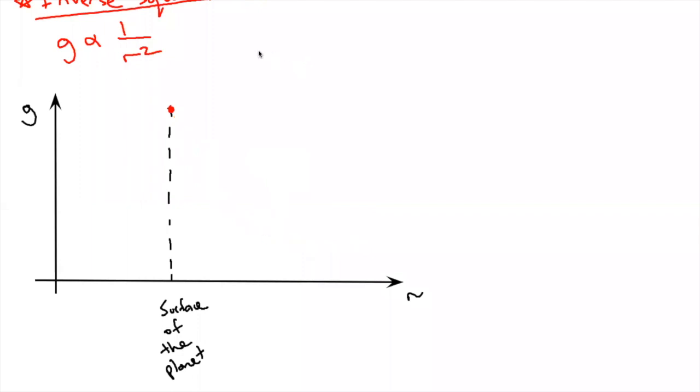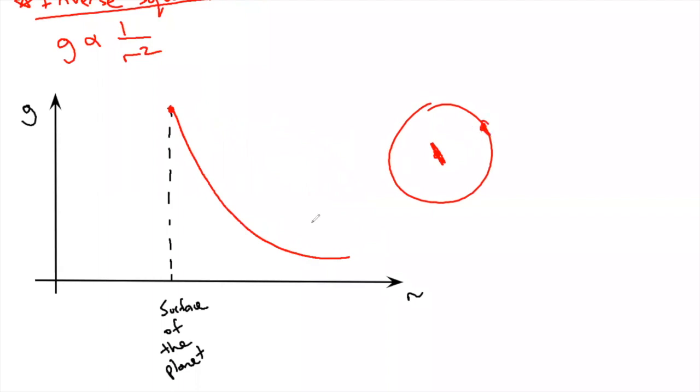Now, we have 3 here, but you should be asking me, why did I start from here? Why not from here? Isn't that where the graph starts? Well, it's different inside the planet and it's different outside the planet. What do you guys think? What is my graph going to look like within the SOP?